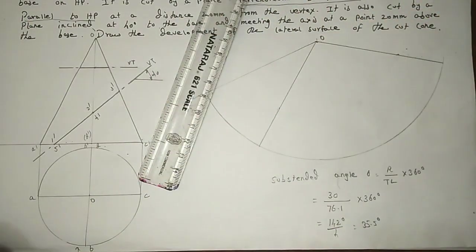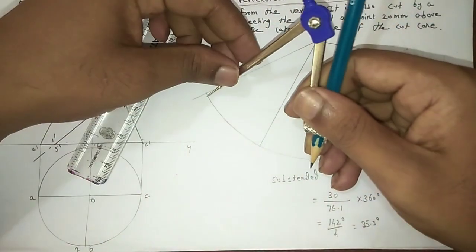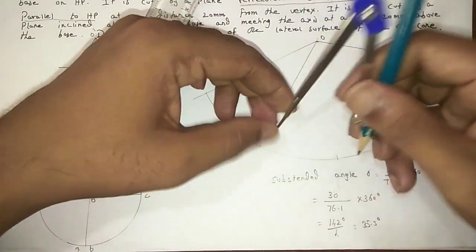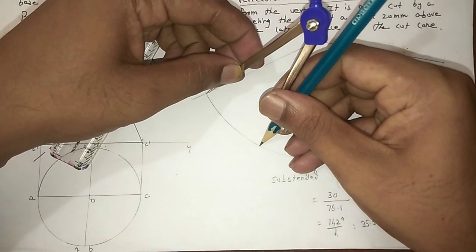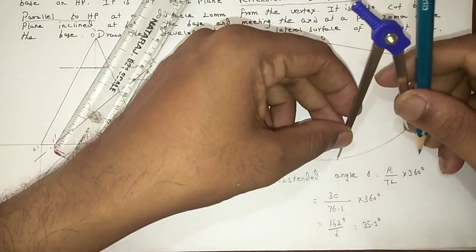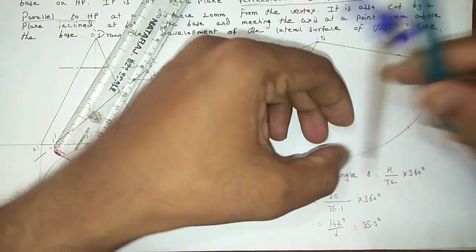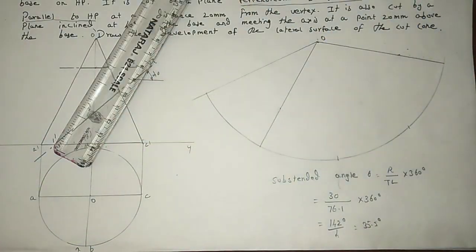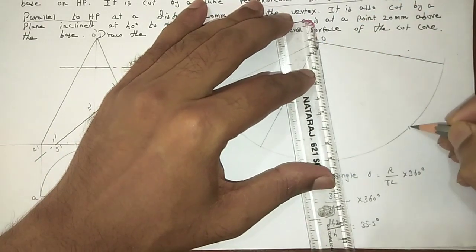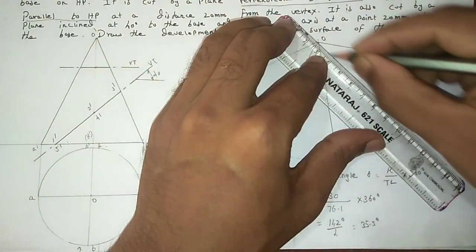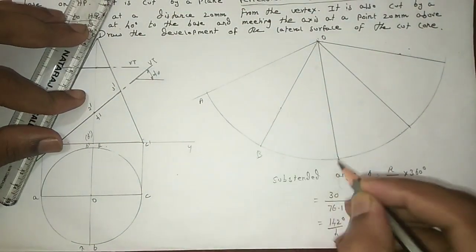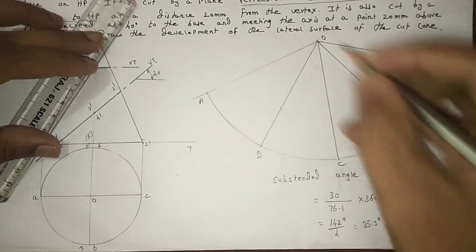Now measure the distance using the compass and divide this portion into 4 equal parts. Here the second portion, third one, and final one. Now give the names: this is A, this is B, C, D, and again A.